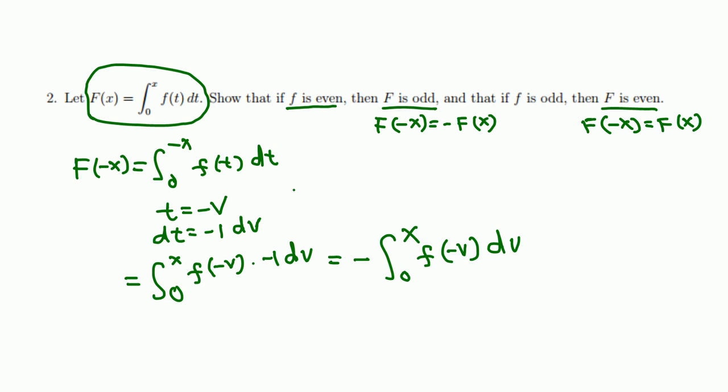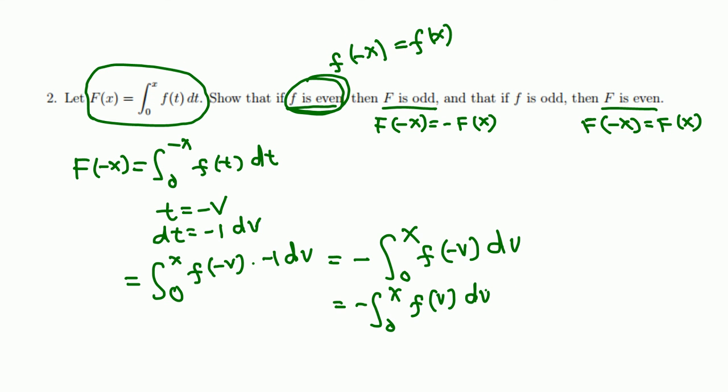Now we want to use the given fact. F is even. Okay, f is even means f of negative anything is fx. Okay, that's the definition of even. Then -0 to x, f of -v is fv back, because f is even function. Now this negative outside, just look at this one.